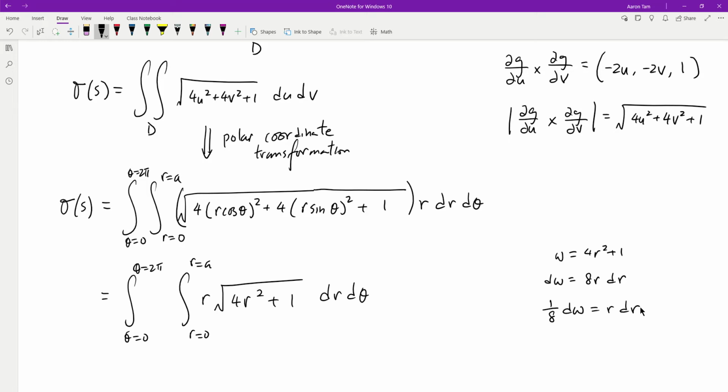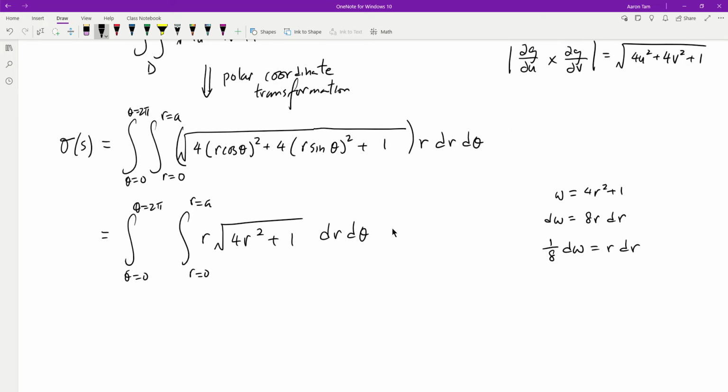Therefore, I'm going to actually do the integration so that I can just put the antiderivative up. My integration of r square root of 4r squared plus 1 dr would become 1/8 integral of w to the 1/2 power dw.